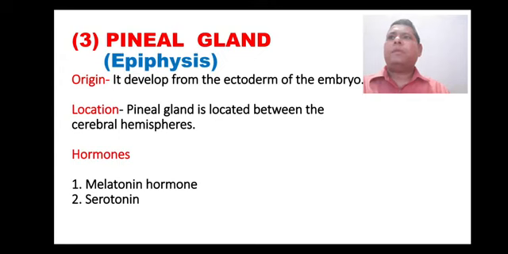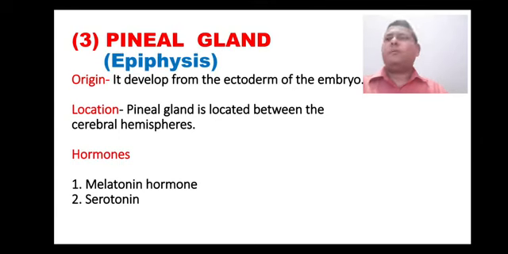Location: the pineal gland is located between the cerebral hemispheres, where it arises from the roof of the third ventricle. The pineal gland is a small rounded body which consists of pineal cells and supporting glial cells.